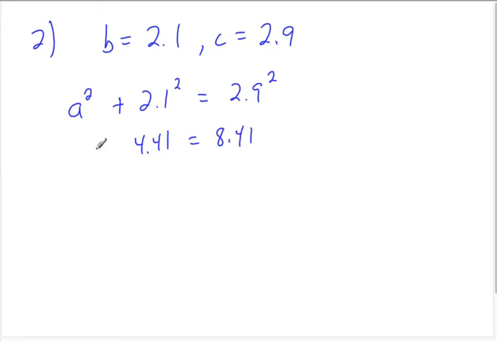Ooh, that'll be easy. So we subtract these and we get A squared equals 4, because 8.41 minus 4.41 is 4, so we know that A is going to be 2. No problem.